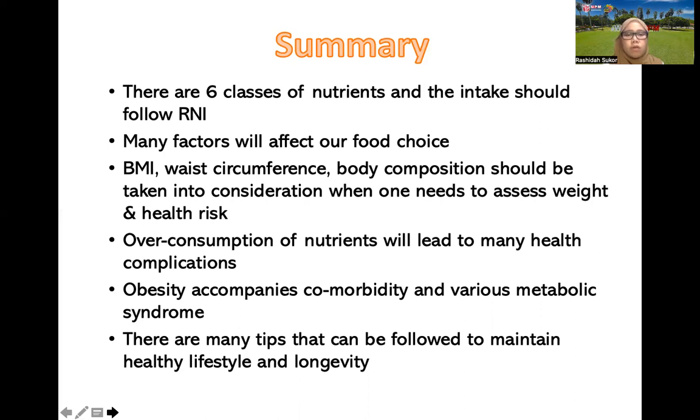Okay. Overconsumption of nutrient will lead to many health complications. Obesity accompanies comorbidity and various metabolic syndrome. So we don't want that to happen to us.